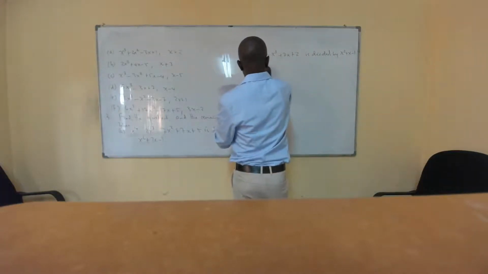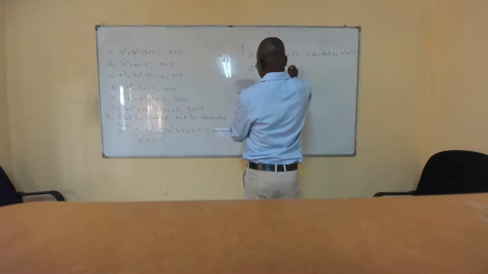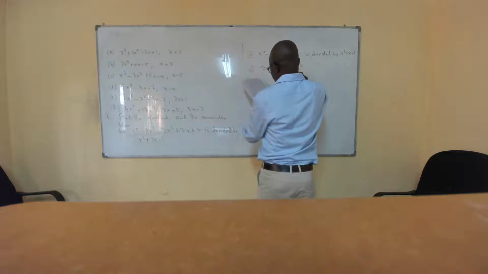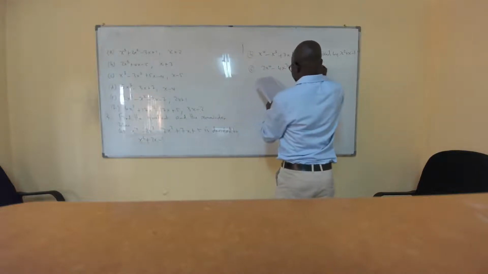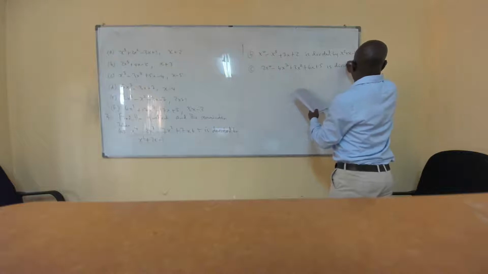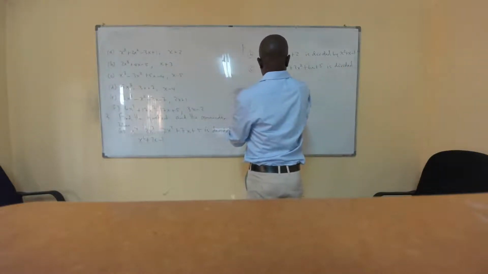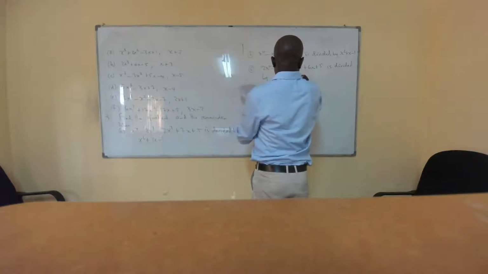C, 2x to the power 4 minus 4x to the power 3 plus 3x squared plus 6x plus 5 is divided by x to the power 3 plus x squared plus 1.